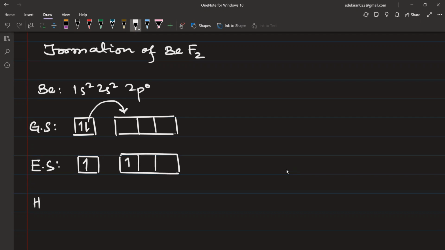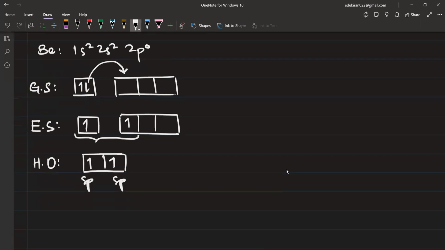Then comes the hybrid orbital. Now in the hybrid state, 1 s and 1 p are going to hybridize with each other, leading to formation of 2 orbitals with the same energy. Both of them are having 1 electron each. This is also sp, this is also sp.